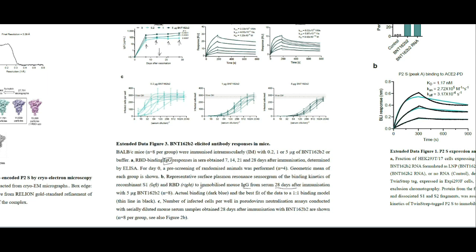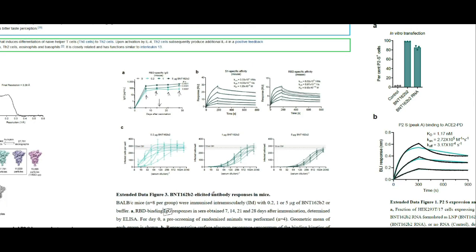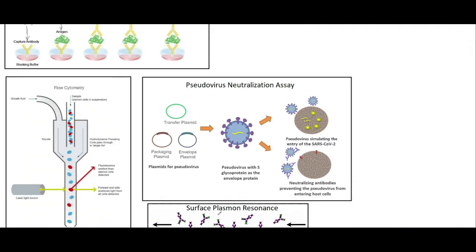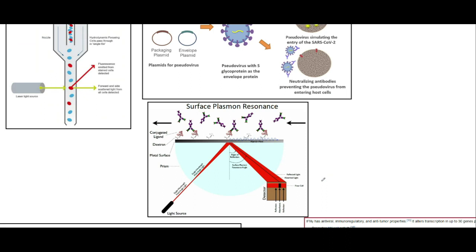They're trying to bind it to the S1, which is the full protein, or the receptor binding domain, which is just a section of the protein. And so a surface plasmon resonance is done like this.